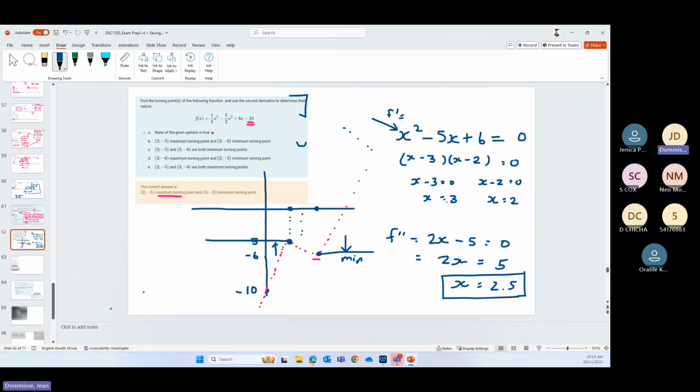So if it was -7 and 3, you add the 2 together, you get the average. You will always see that the second derivative's x value is normally the average between the two, and that is just because it should lie between the 2 points.